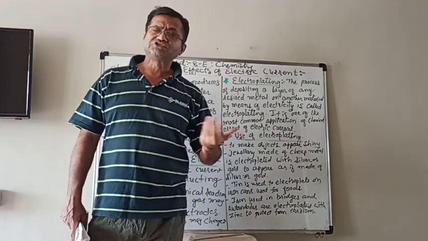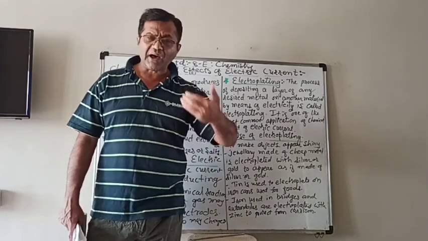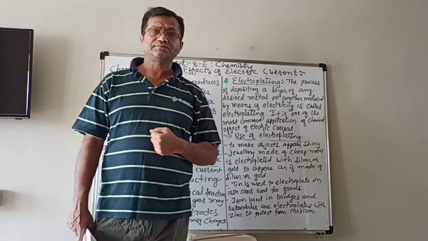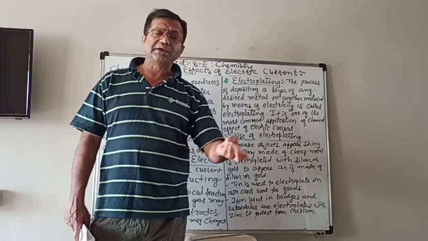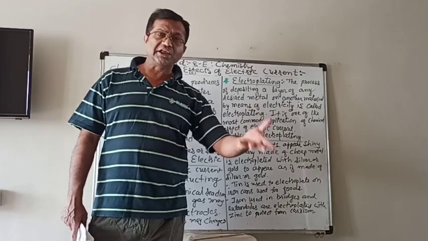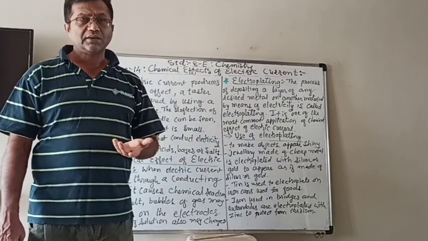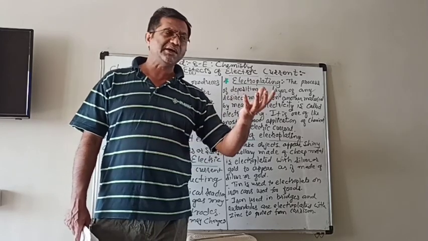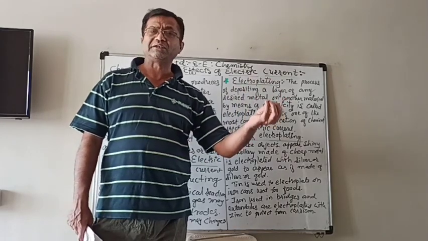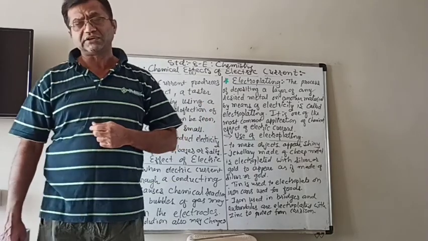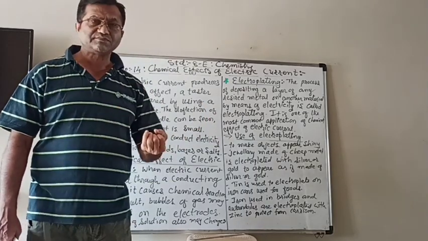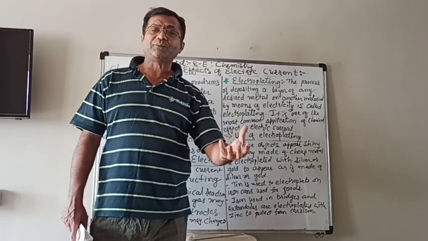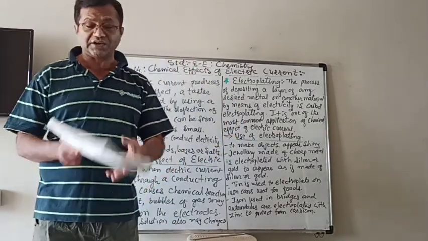There can be many results when you pass electric current through a conducting solution. There can be bubbles of gas on the electrodes, or maybe a color change, or maybe a layer of one metal is deposited on the other material. It depends on which type of electrodes and which type of conducting material is taken.